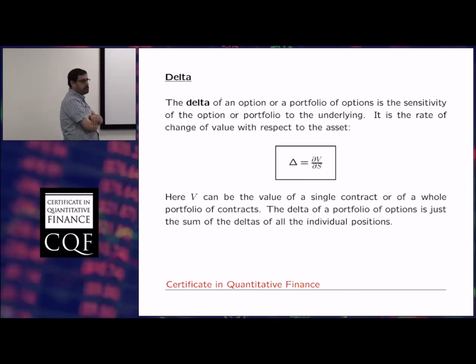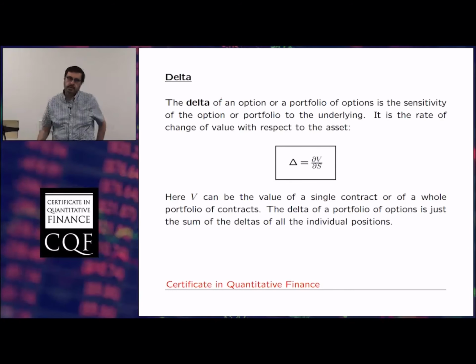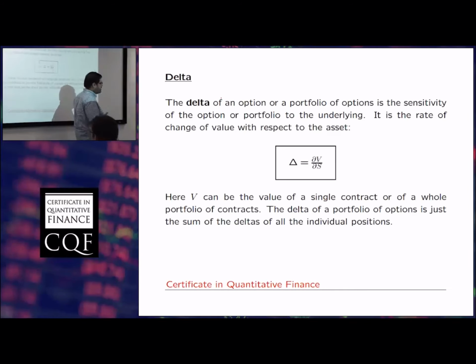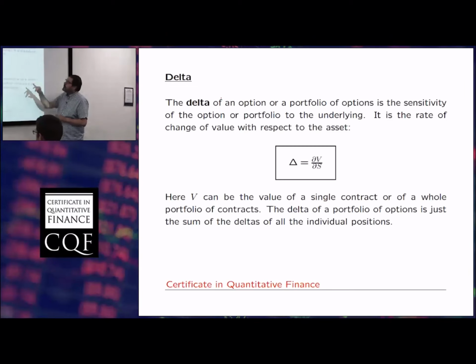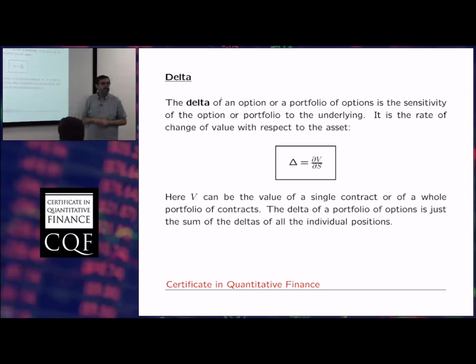The most frequently used one, and the one that you've seen quite extensively so far, is delta. Delta is probably the most commonly used Greek by all practitioners, because in terms of its fundamental importance, it's precisely the quantity that we need to know in order to delta hedge, i.e. how to eliminate the risk.